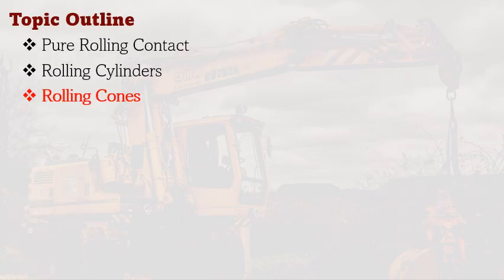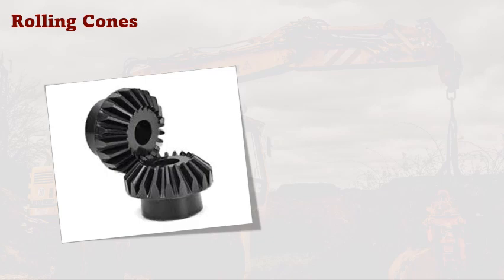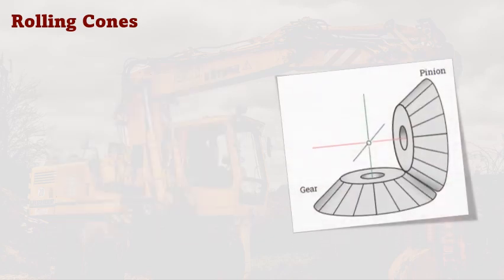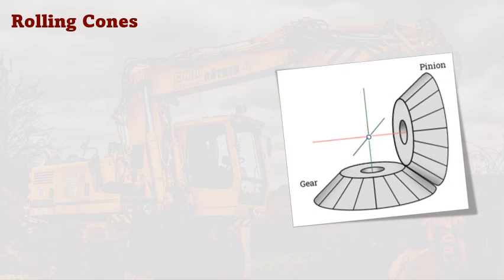So now that we're done examining the relationship in the rolling cylinders, let us examine now the relationships with rolling cones. Some examples of rolling cones are the miter gears and also the bevel gears.